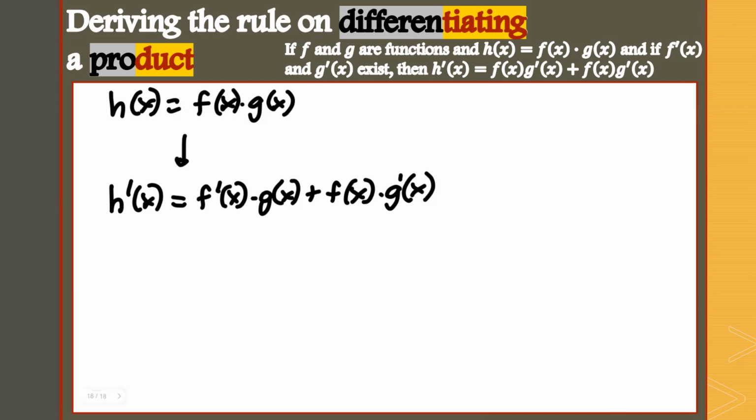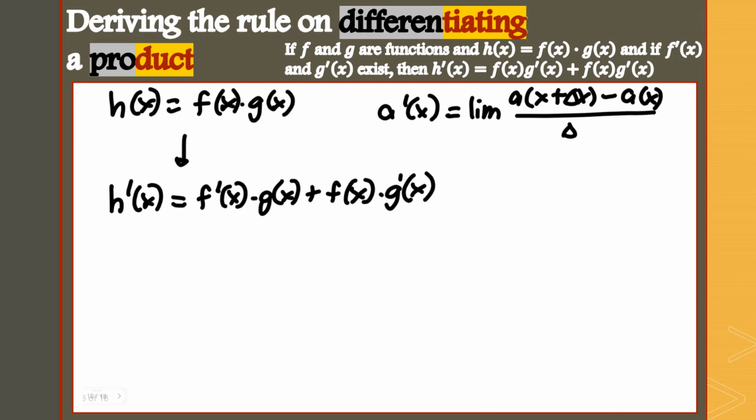Of course, we are going to use here the general definition for a derivative. I'm just going to use here not f, so this would be general. Let's say a prime of x is equal to the limit of a of x plus the increment of x minus a of x over the increment of x as the increment of x approaches 0.